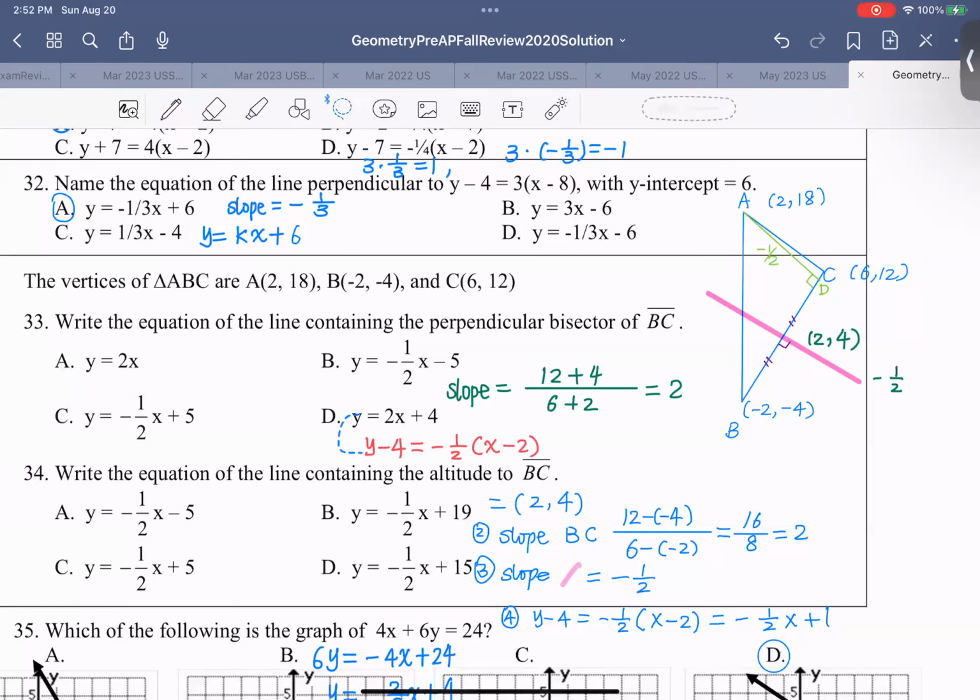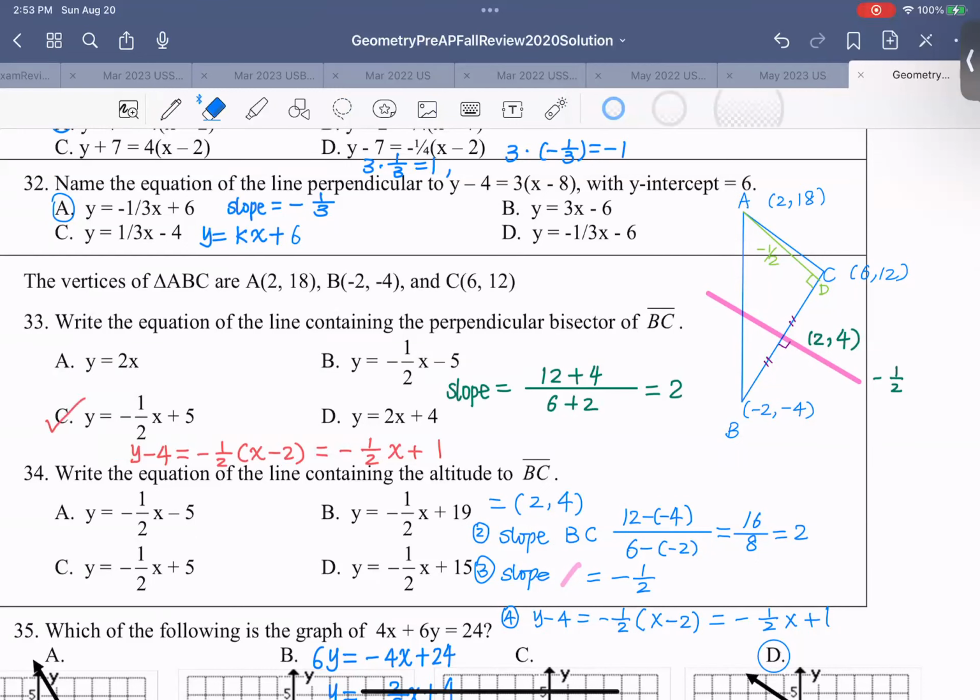That makes sense? And we can further simplify this to negative 1/2 x plus 1, right? So which one do we choose? C. Good.